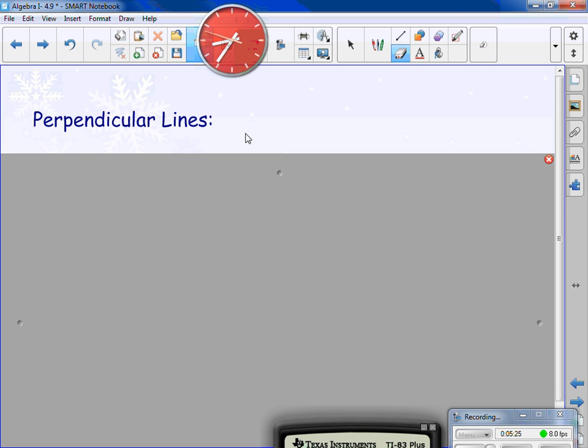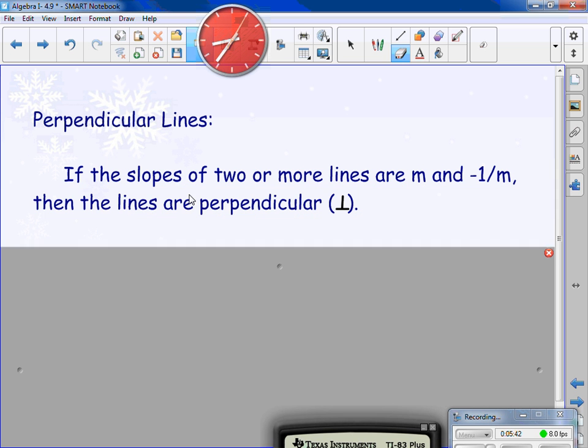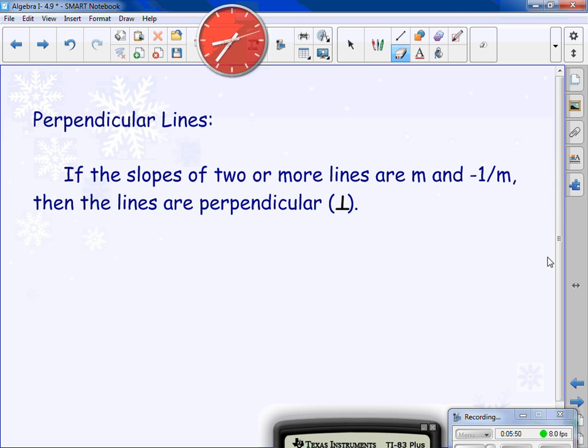Now perpendicular. What can you tell me about perpendicular lines? They intersect, but they just don't intersect. What type of angle? 4 right angles. Perpendicular lines are lines that intersect at right angles, or create right angles.